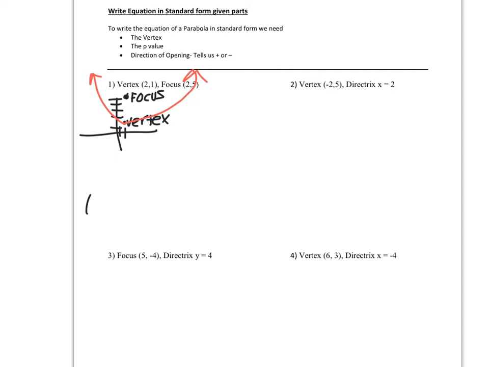So we know that it's going to be (x minus h) squared equals 4p (y minus k). That's my formula. And we know that p is always the distance from the vertex to the focus, so we can go ahead and count this. So the distance from here to here is 4. All right, so that is going to be my p-value.